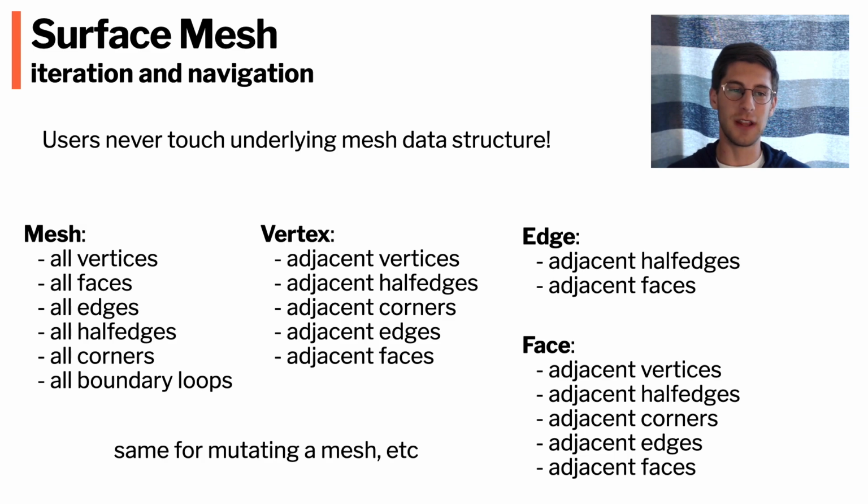And similarly, we offer tons of routines for mutating meshes, for doing high-level operations on meshes. So you should never have to actually work with these lower-level buffers of arrays. And we think that these are really important because this is what makes it easy for you to sort of in natural language write out whatever kind of algorithm you might be imagining on your mesh and then have it be really fast because there's this careful implementation under the hood.